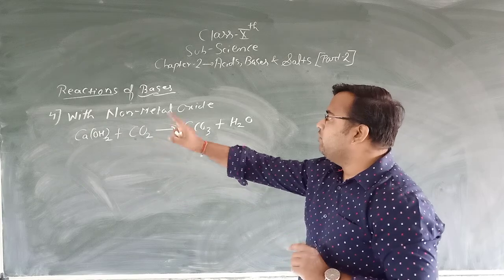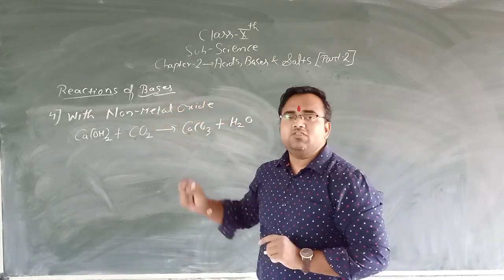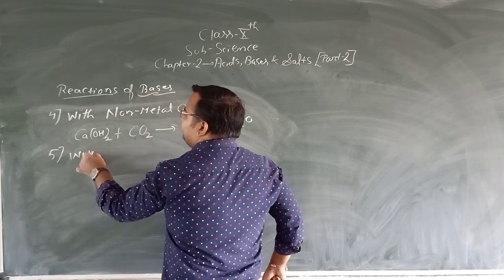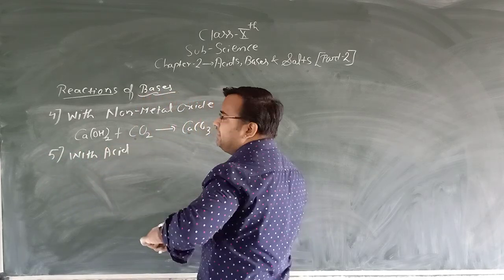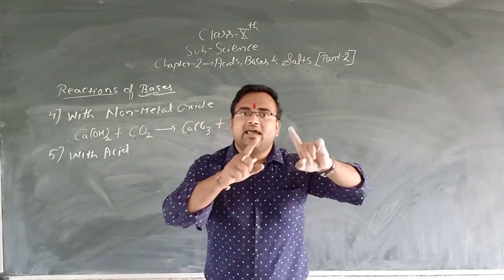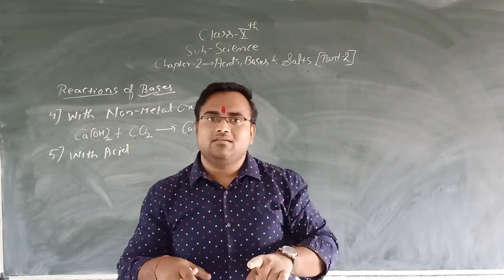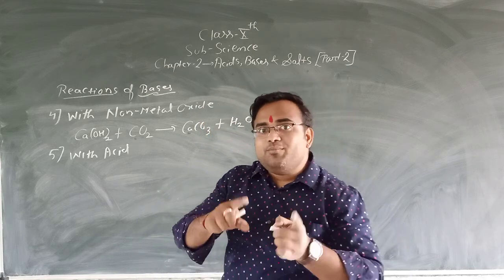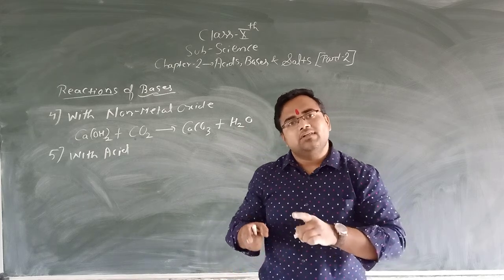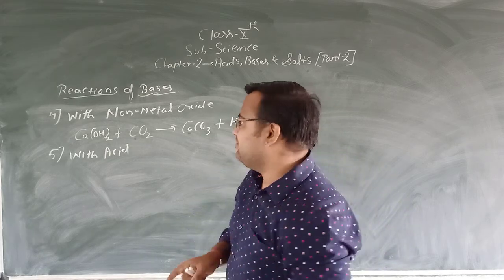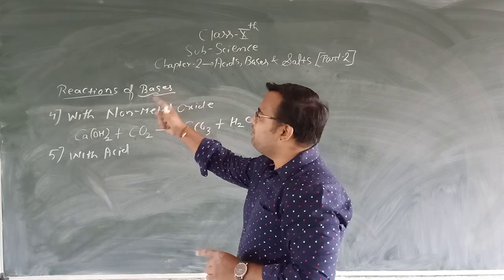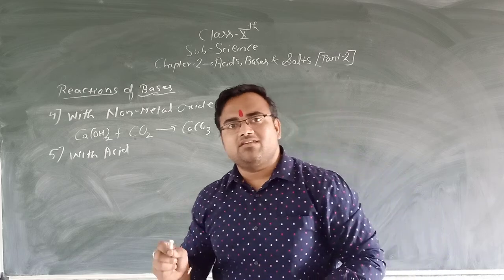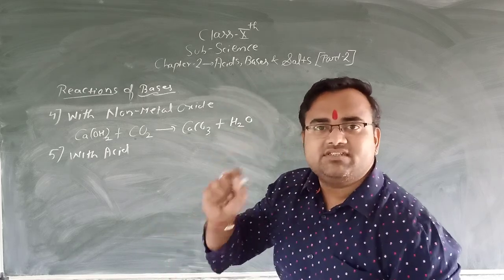Now the fifth and final type of reaction is of base with acid. See, don't get confused. The reaction of acid with base is a neutralization reaction, and if the question asks for the reaction of base with acid, then also the reaction is a neutralization reaction. Whenever acid is treated with base or base is treated with acid, the product will be salt and water, and the reaction is called a neutralization reaction.